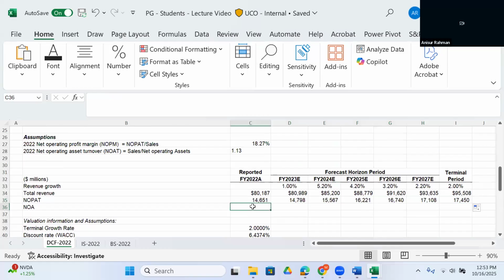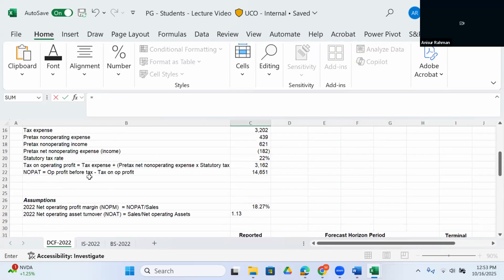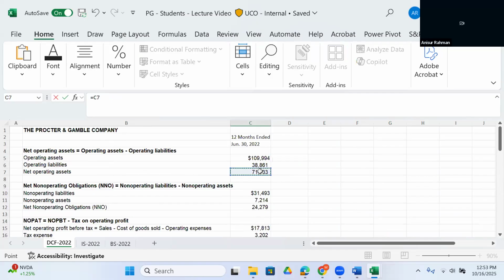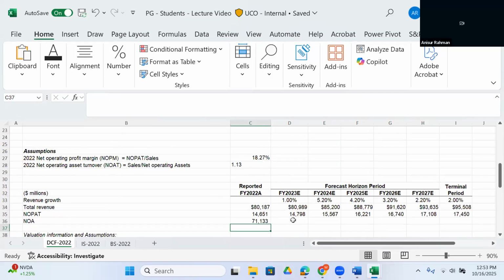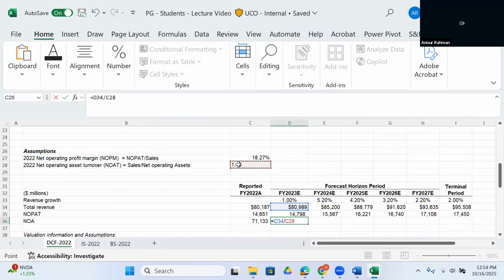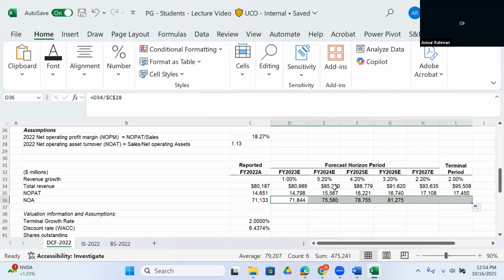Now, net operating assets is this. And we are going to use, again, the sales information and net operating asset turnover. So it will be sales divided by net operating asset turnover. Lock this cell, hit enter, pull across.